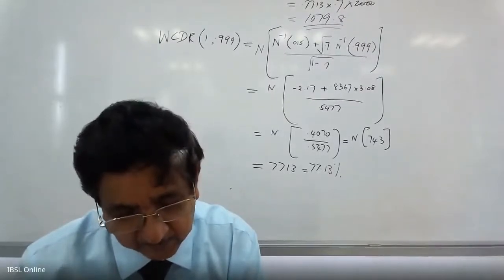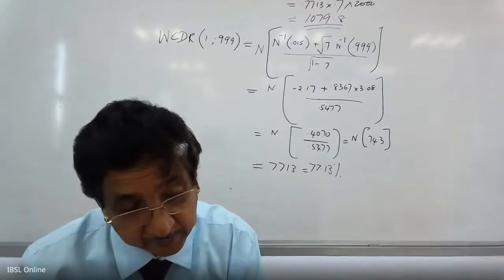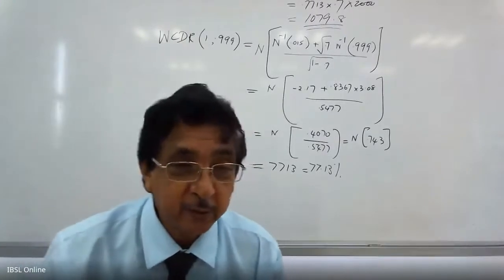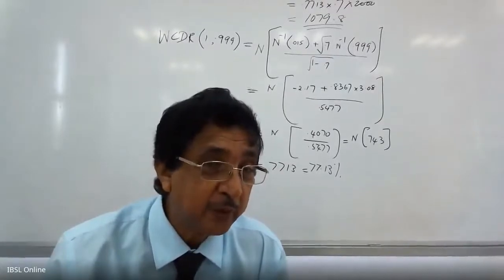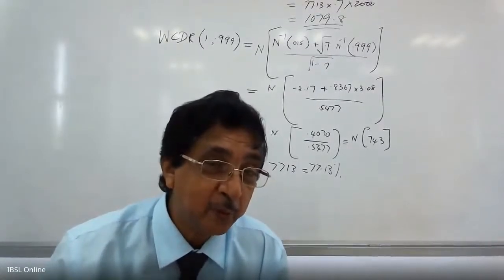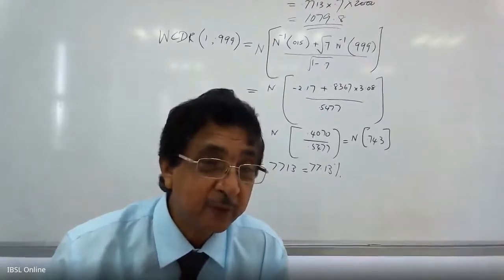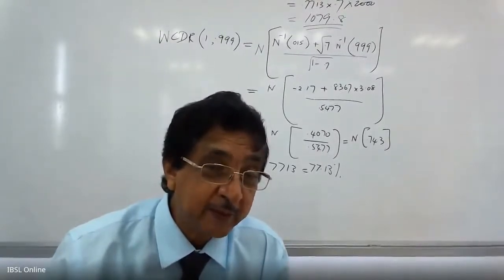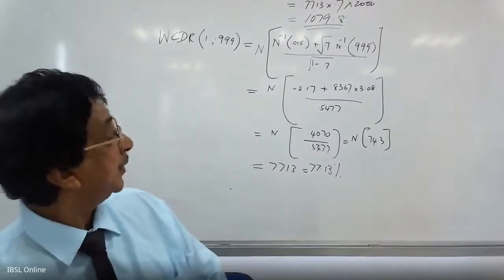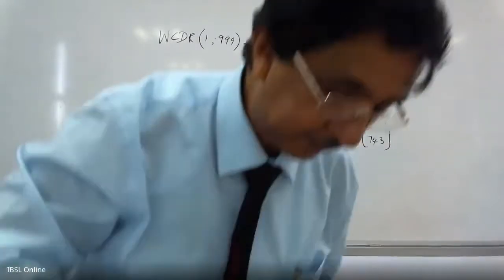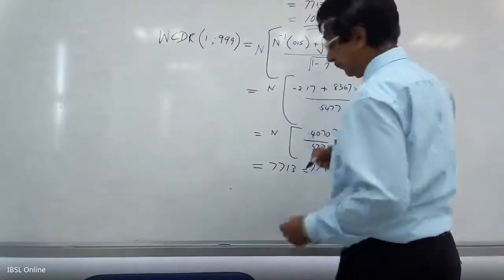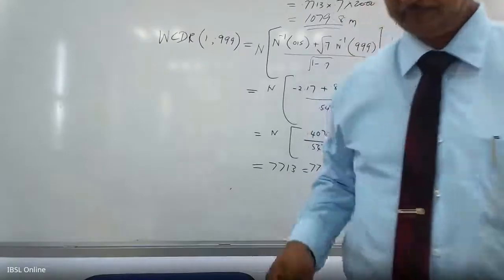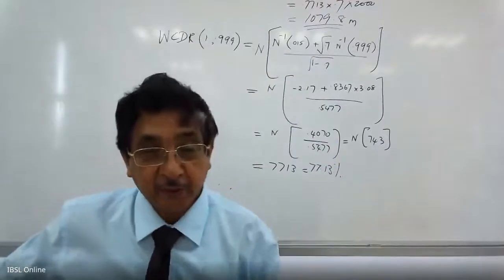Since the recovery rate is 30%, LGD is 70%. So you can say 0.7713 into 0.7 into the portfolio value, that is 2000. You get the credit value at risk as 1079.8 million. That is the credit value at risk of the portfolio.